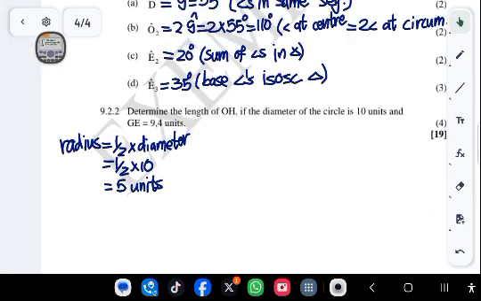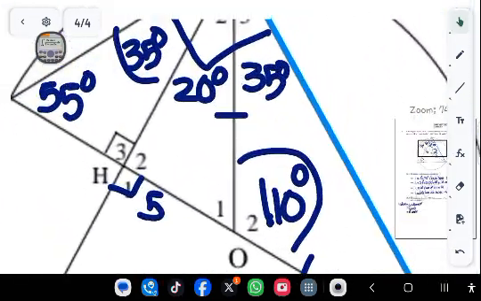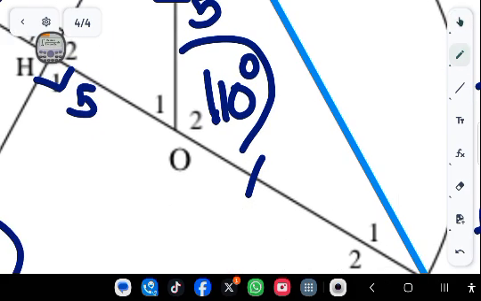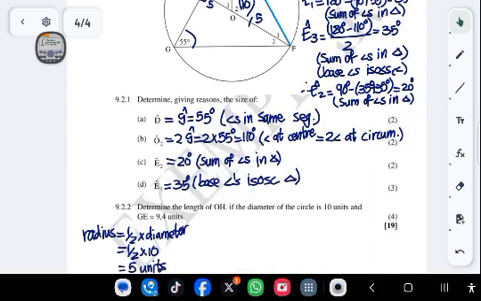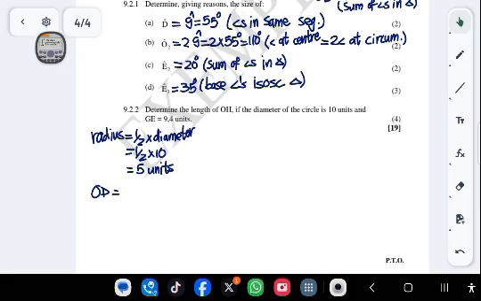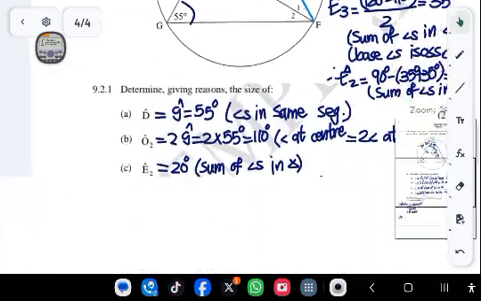That's the radius. But the radius is also equal to the same amount everywhere. So it's OD, OE, and OF that are all 5 units. OD equals OE equals OF equals 5 units.